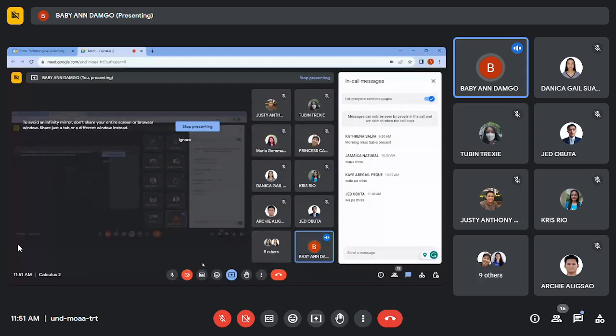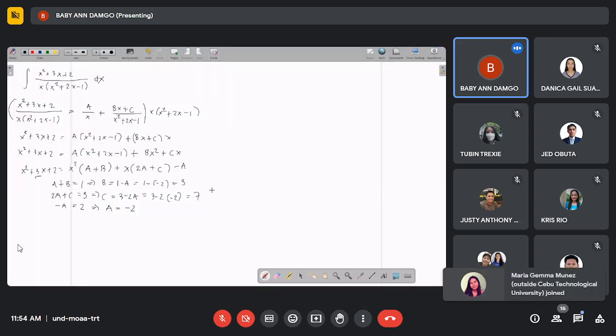So x squared plus 2x minus 1, we have Bx plus C. For x squared, this is A plus B. Then for x, it's 2A plus C. Then negative A, so A is negative 2. For our B here, we have 1 minus A.